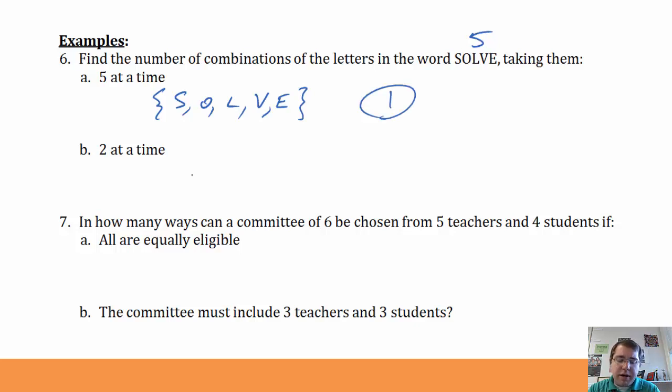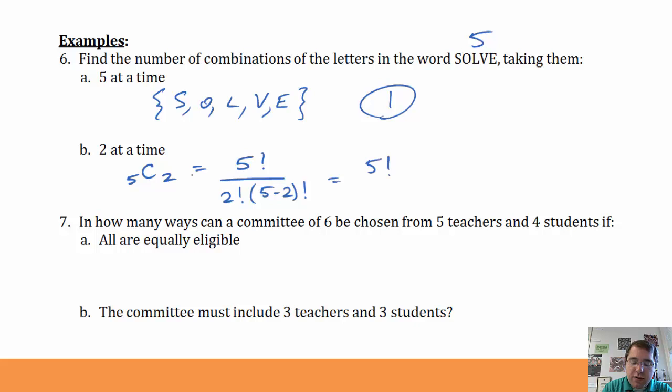Alright, how many combinations of the letters of the word solve can I form by taking them 2 at a time? According to my formula, this is 5 things combined 2 at a time. That's 5 factorial divided by 2 factorial times 5 minus 2 factorial.